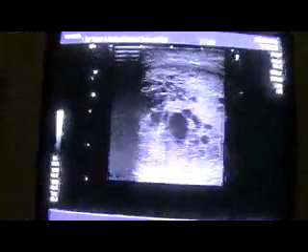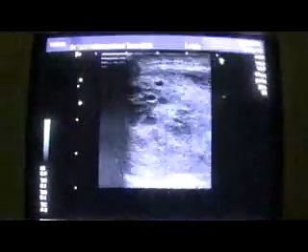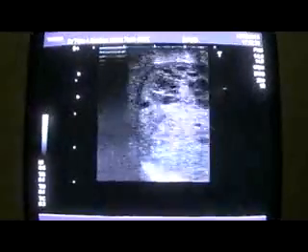The patient is not tender, there is no hydrocele, and no fluid is seen in the right hemiscrotum. The patient is not tender to the probe. This is the epididymis. We missed that; I didn't show you the initial part.